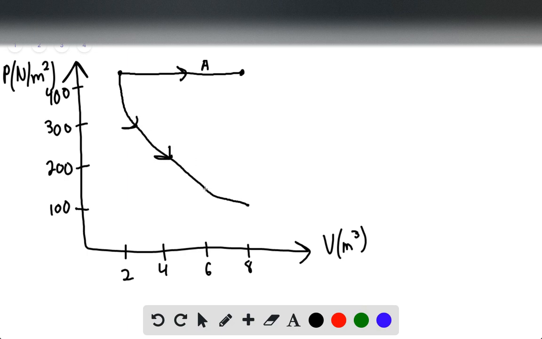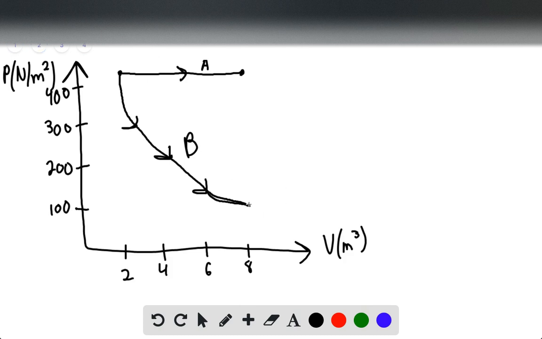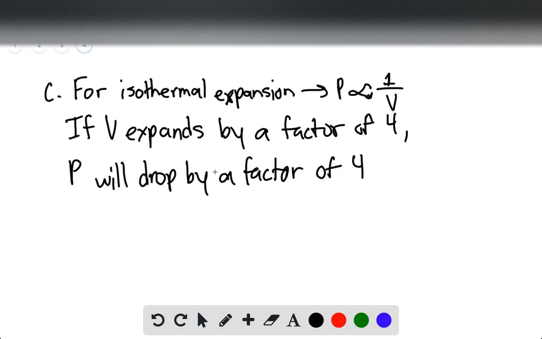I apologize for it not being perfectly curved, and we can just label it B. And then the second process is an isochoric increase in temperature to state 2. So this will simply be isochoric, so we have a straight line up to state 2. We can label this B as well. So this would be the two processes labeled on a PV diagram, and we have C.